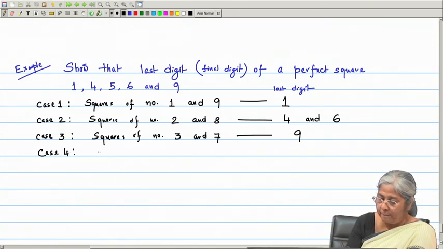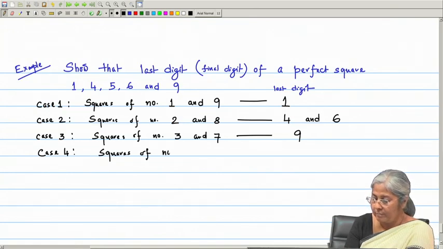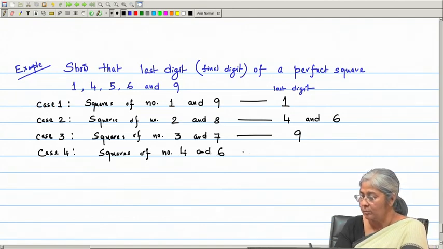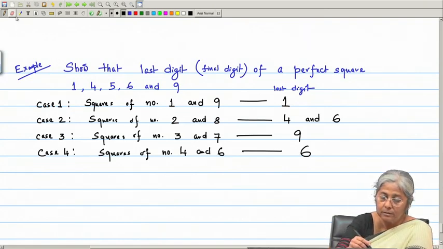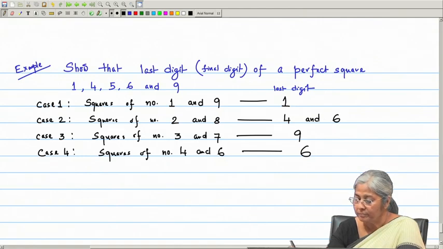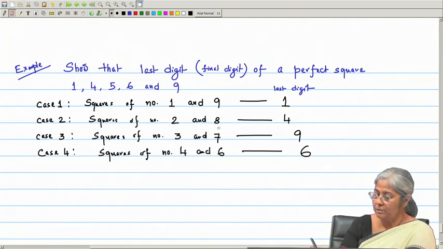Case 4, squares of 4 and 6, in both cases it is only 6. Oh, sorry, 2 and 8 give only 4, since 64 ends in 4.